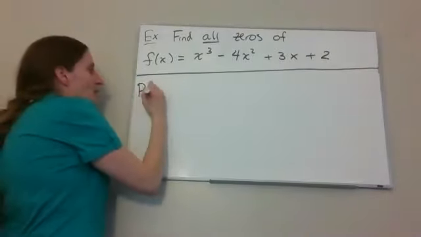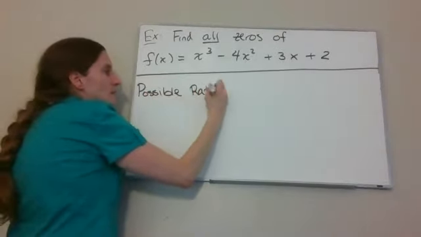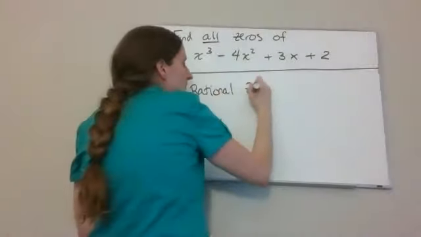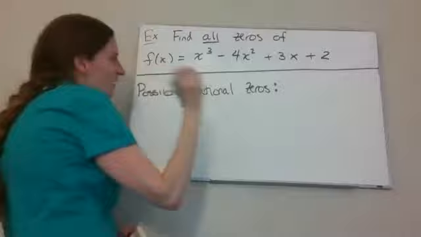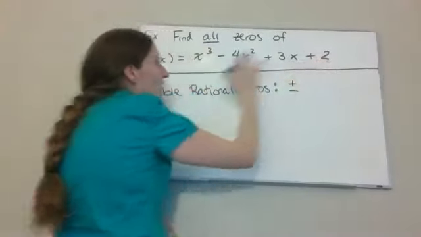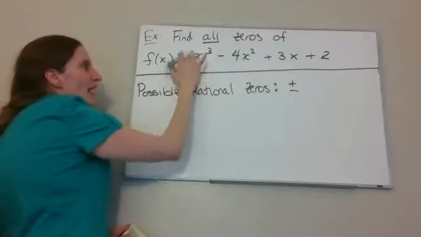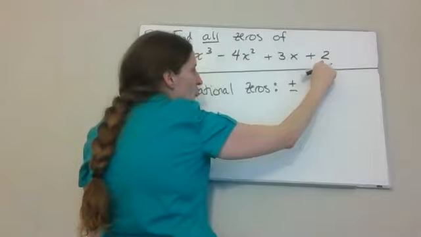So my possible rational zeros, remember, it's going to be the factors of the a0 over factors of my an. So factors of a0 are just 1 and 2.